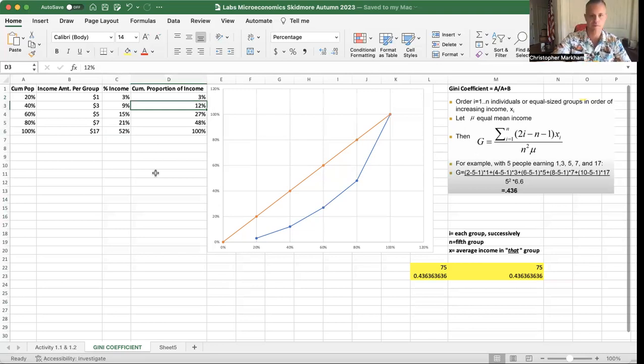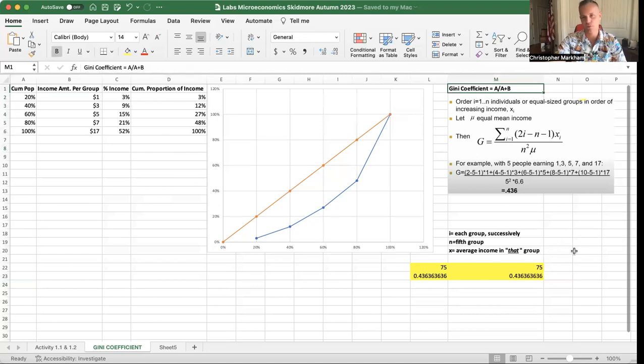So that 3%, 3 plus 9 is 12, right? 12 plus 15 is 27, 27 plus 21 is 48%, and then obviously 48 plus 52, rather, the remainder. I did the math wrong there for you, but you can see how the numbers match up, right? When you add them up to 100 cumulative, but you got it.